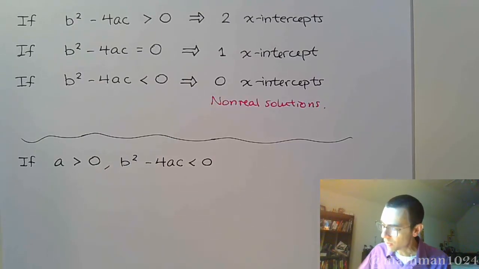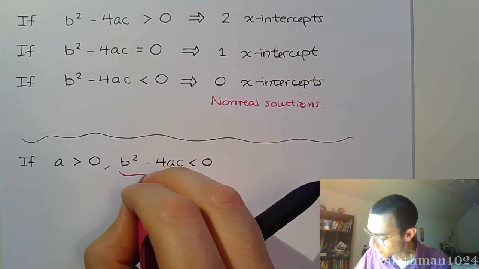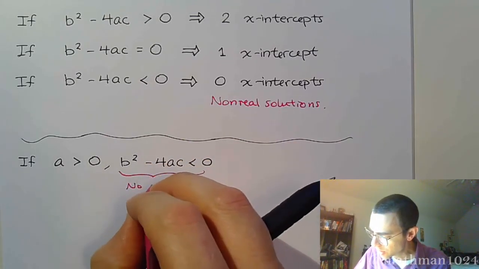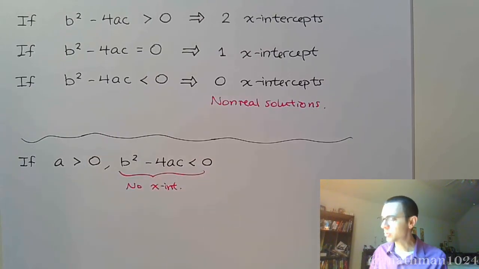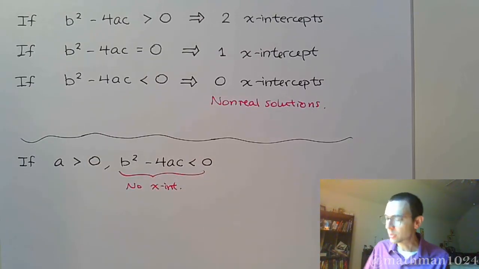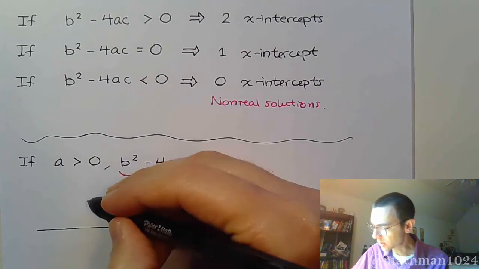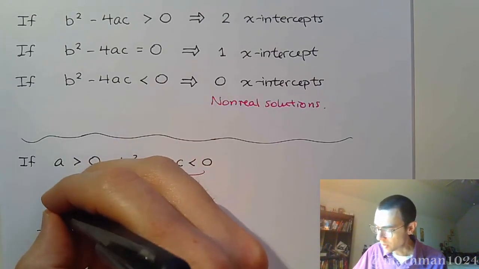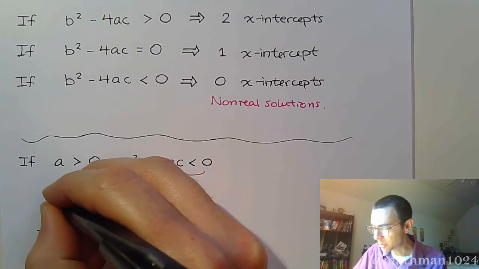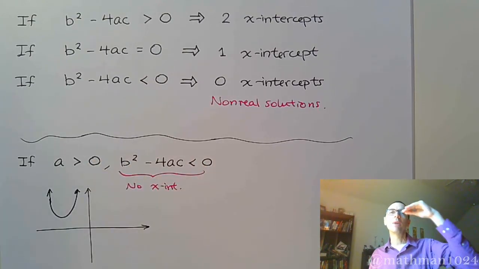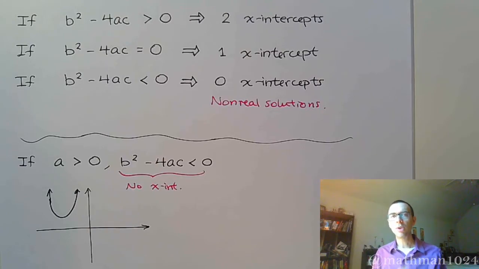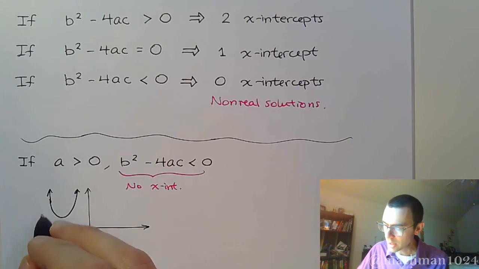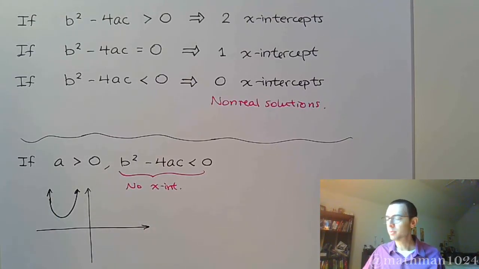What does that mean? Looking up right here, that means we have no x-intercept. So we're opening up, but no x-intercept. If you had to draw a quick sketch, a parabola opening up but not crossing the x-axis, could be anywhere up here. You can draw a parabola anywhere that opens up, as long as that vertex is above the x-axis. Because if your parabola is opening up, but the vertex is below the x-axis, if I move this below here, you would end up crossing the x-axis 2 times.